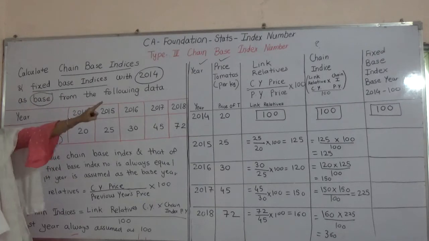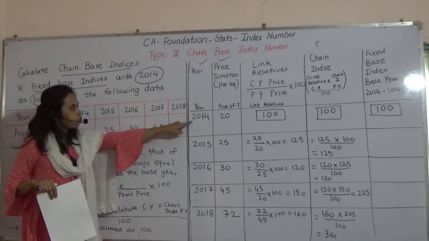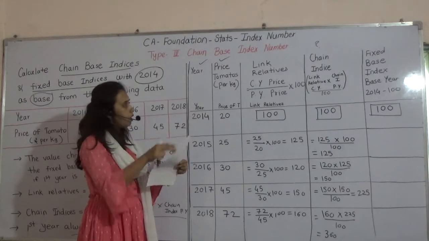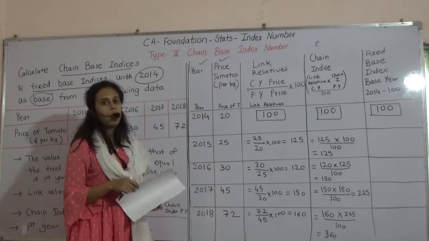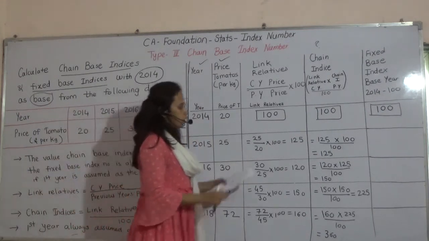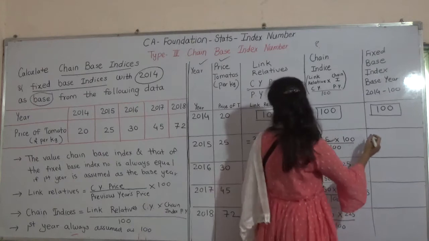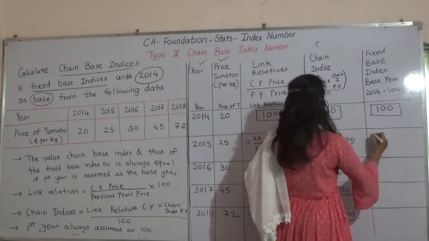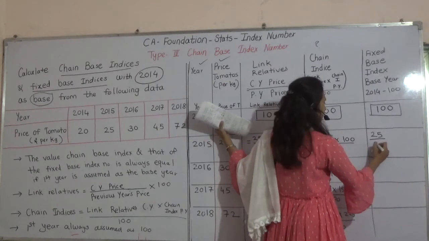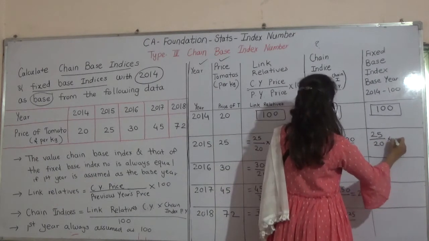So for calculating fixed base, the 2014 base price is 20. For calculating that, every time I am going to use only 20. So the formula is current year price divided by 2014 price into 100.